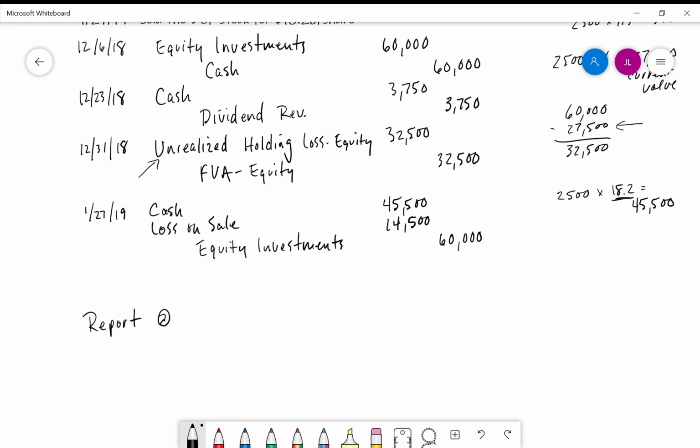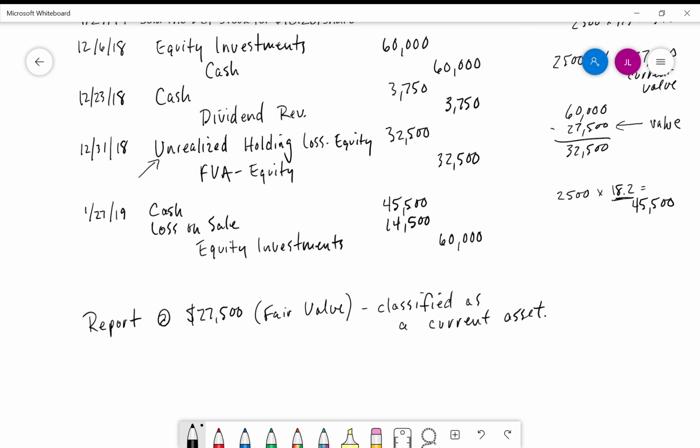So the $27,500 is the value at the end of the year. So that's what we're going to report it as. We're going to report it at $27,500. That's the fair value. And it'll be classified as a current asset.